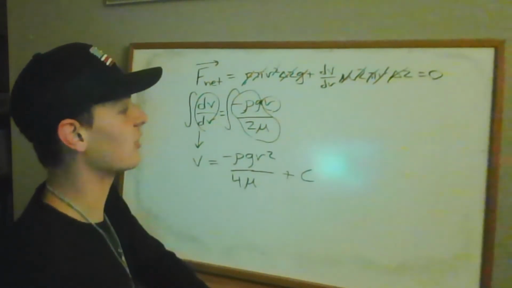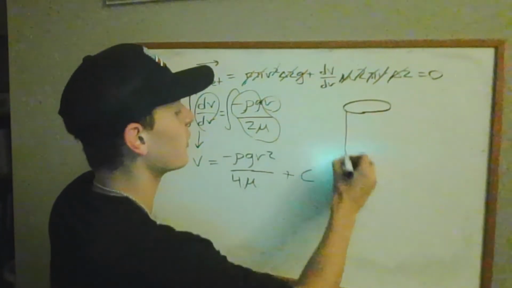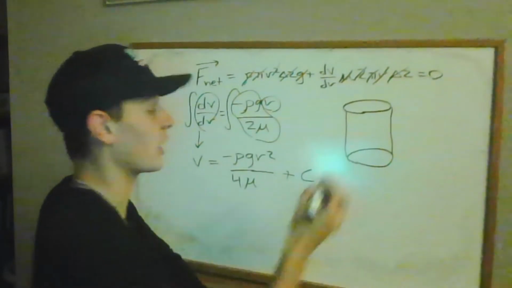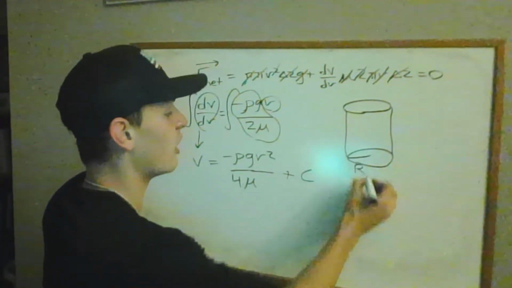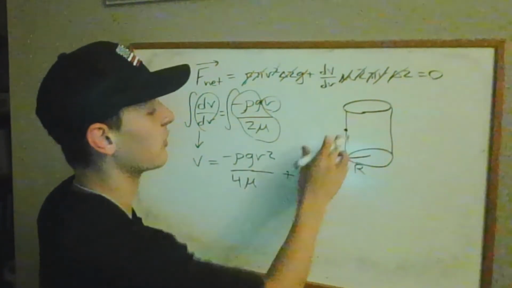So here I would ask, well, this is a situation we've seen before. Within our cylinder, the pipe I'm talking about has a radius large R. What is the velocity of the fluid at the surface here?